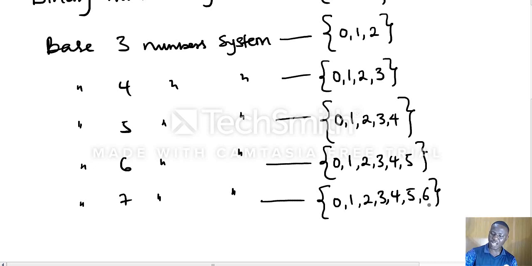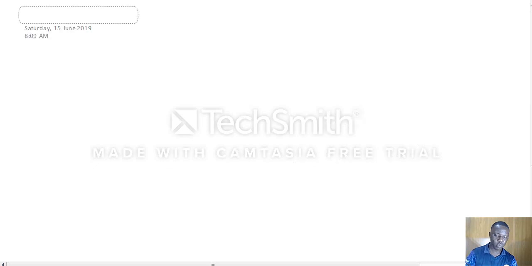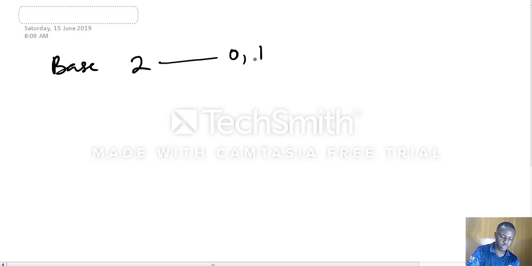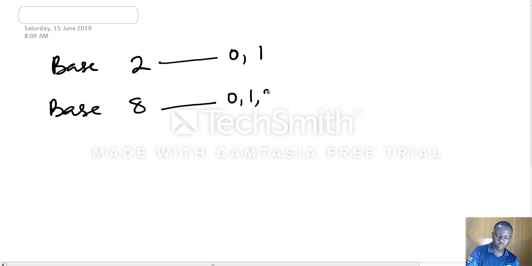But let's look at the main number-based systems that we talk about. We have the base 2, which is made up of zeros and ones. We have also the base 8, which is made up of zeros, ones, 2, 3, 4, 5, 6, and 7.